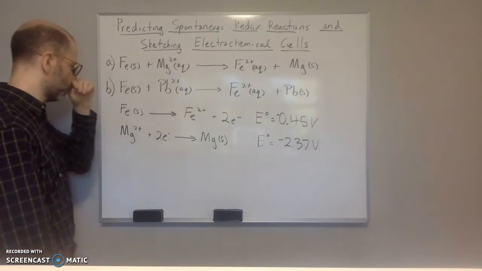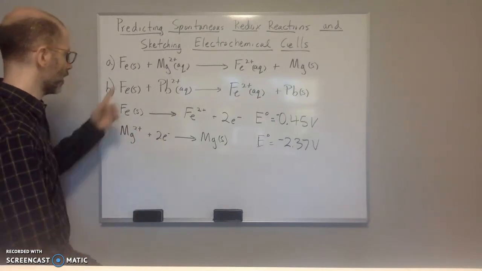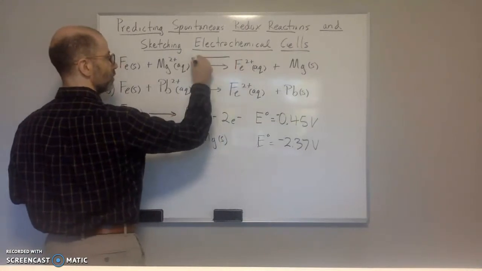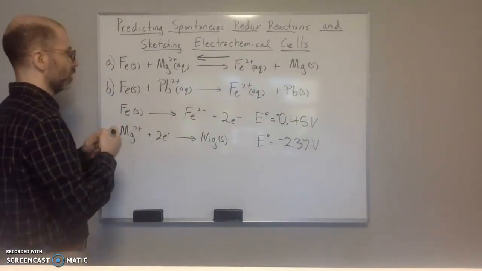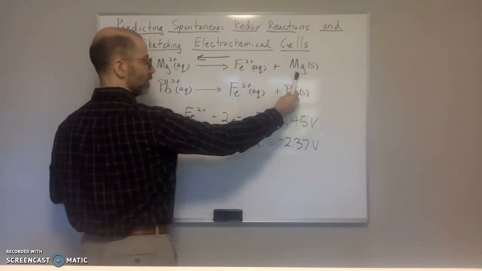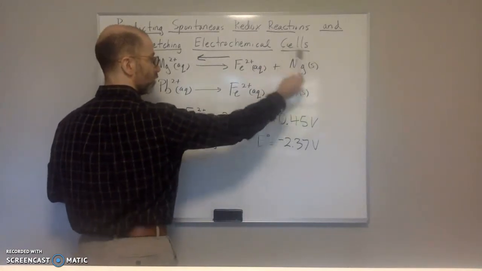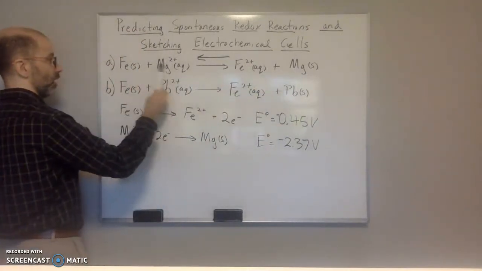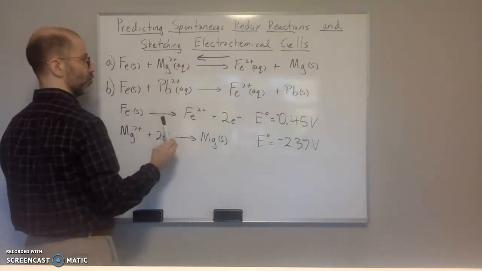So the way this would actually work would be in the opposite direction, where magnesium is going to be giving off electrons to iron 2 plus.